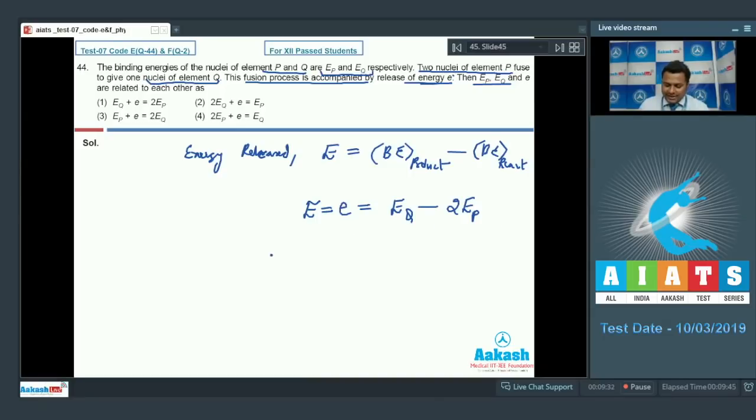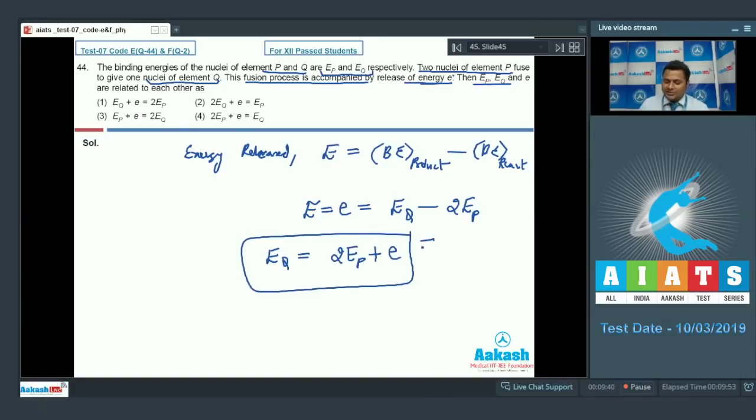Now we can write EQ as 2 times EP plus small e. So this is the relation we have got. After looking at options, option number 4 is absolutely correct. So we will go with option number 4, that is 2 EP plus E equals EQ.